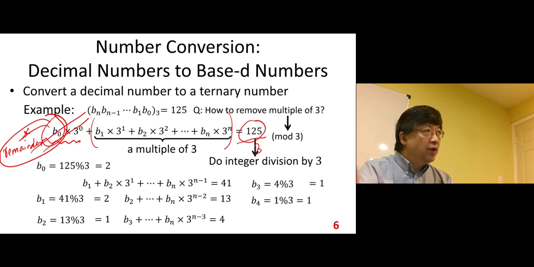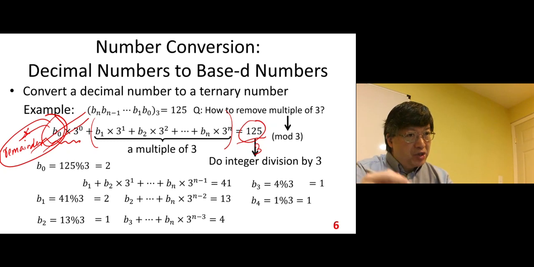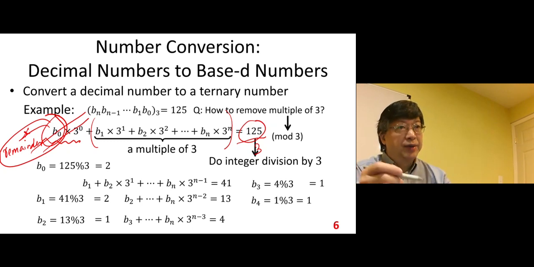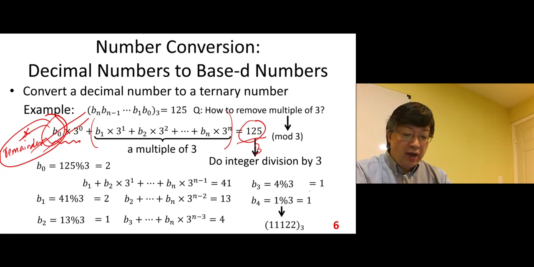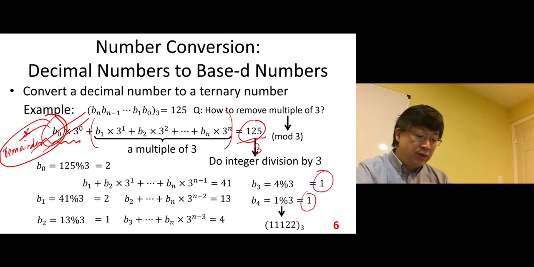When we get to this step, finally we can write the ternary expression from the most significant digit to the least significant digit in this way.